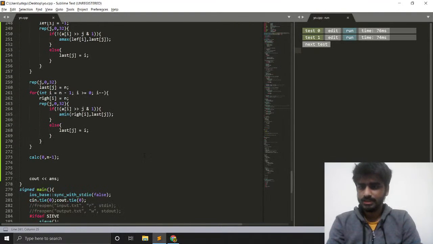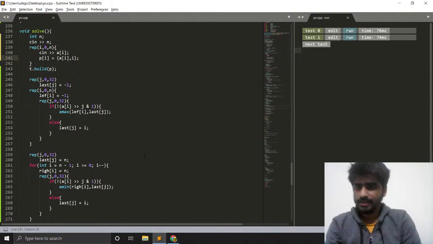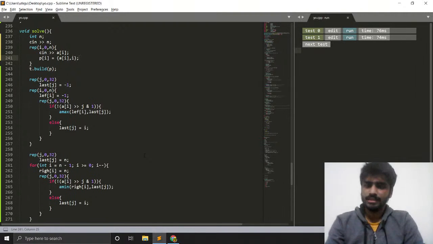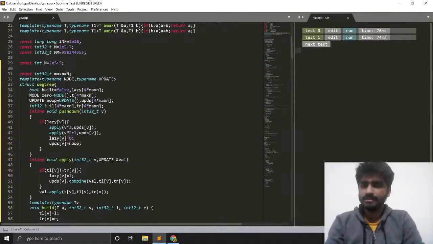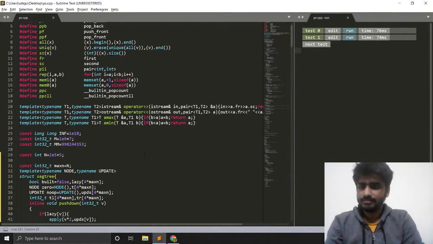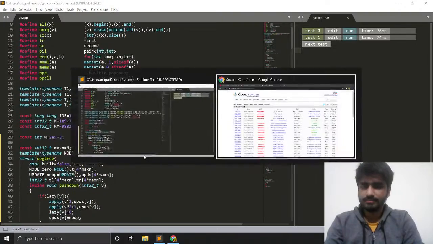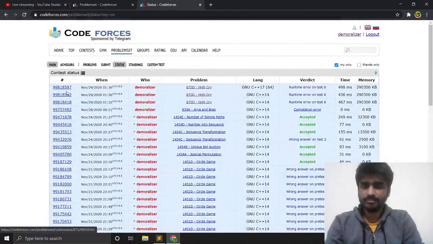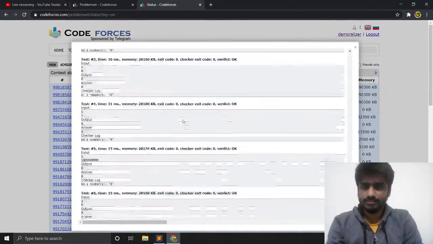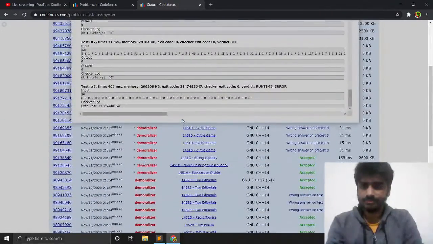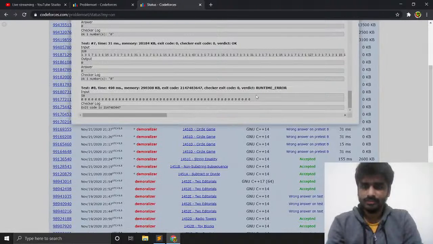So back to this. Let's see what's causing the runtime error. Okay, I'll just see the test case. This seems strange. Why is this causing a runtime error?